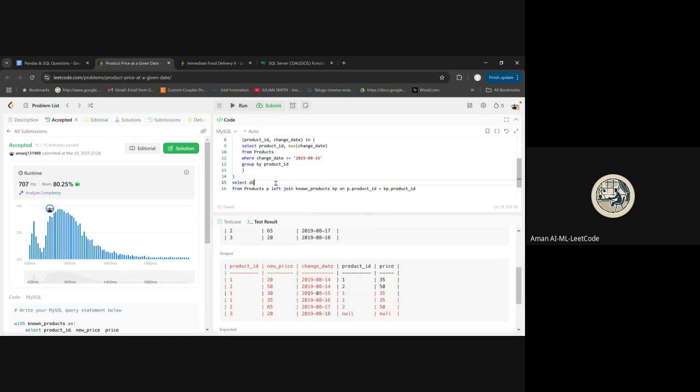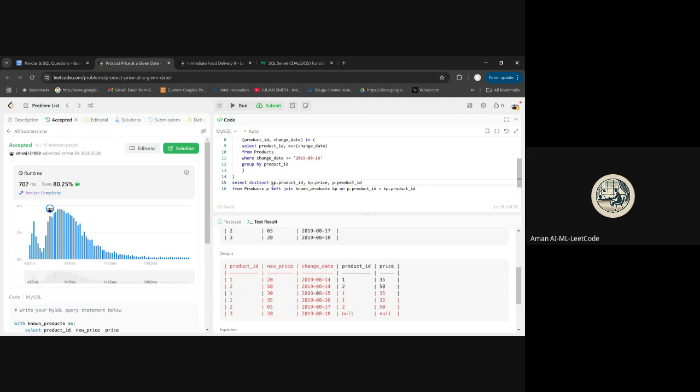We want to get distinct values of product ID from kp.product_id, kp.price, and p.product_id.